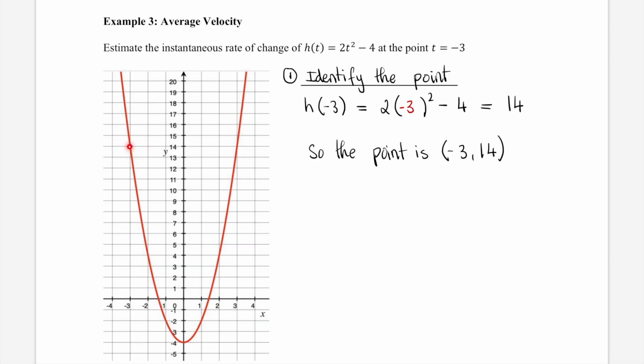To estimate the instantaneous rate of change at this point, we'll compute the average rate of change near t equals negative 3. T equals negative 3 is here, so I'll pick inputs that are very close to negative 3. It could be negative 2.9 and negative 3.1.